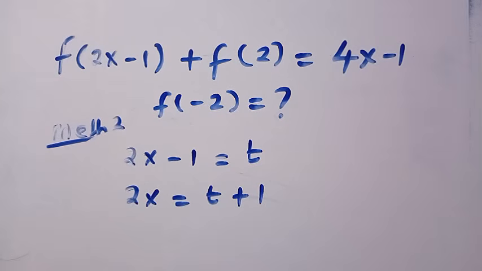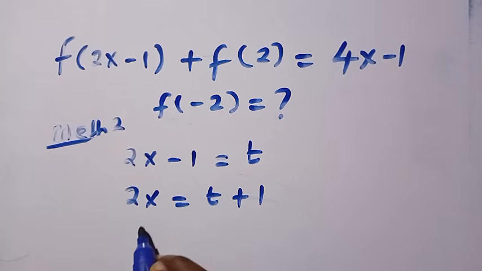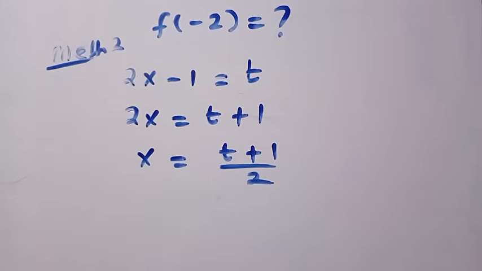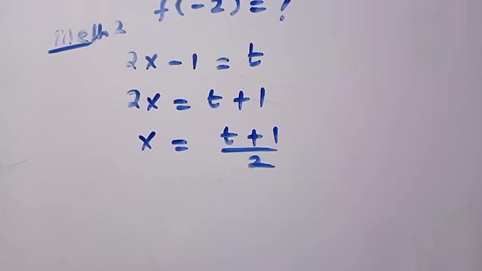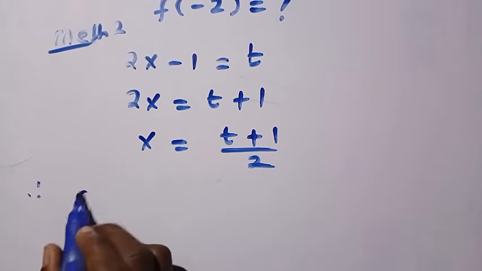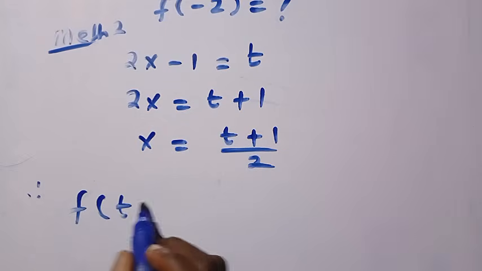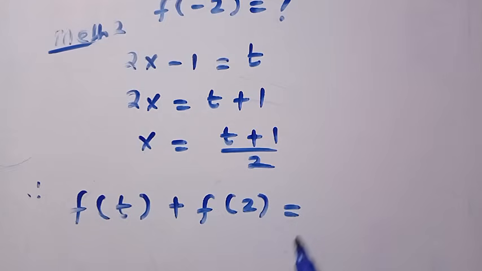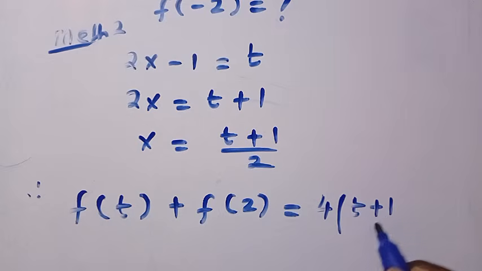If 2x equals t plus 1, we divide both sides by 2. Therefore, x equals t plus 1 divided by 2. Anywhere I see x, I'm going to replace it with t plus 1 over 2. As we have f of t plus f of 2 equals 4 into bracket of t plus 1 divided by 2, then minus 1.